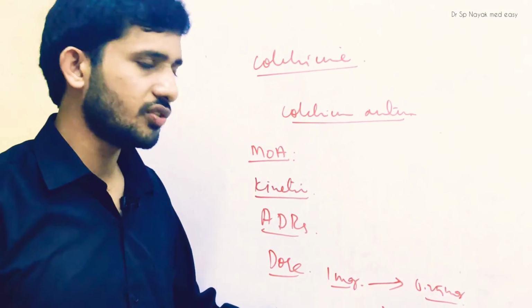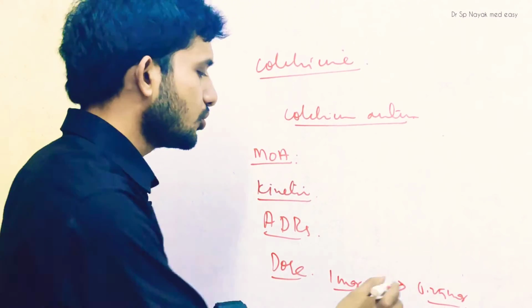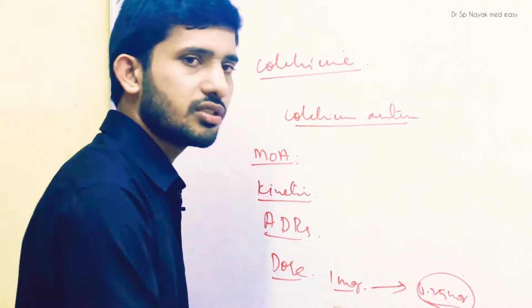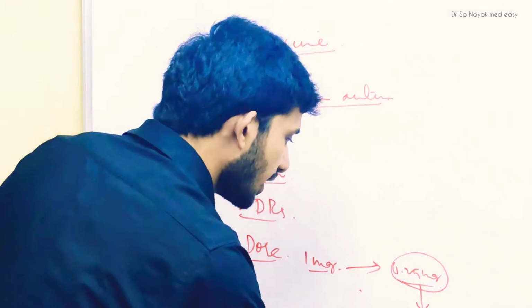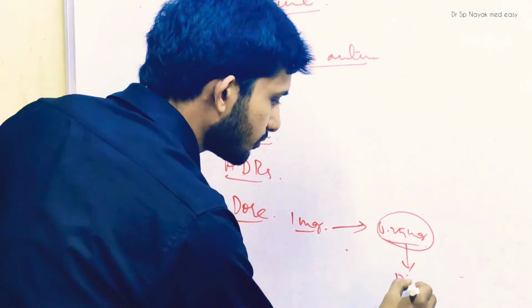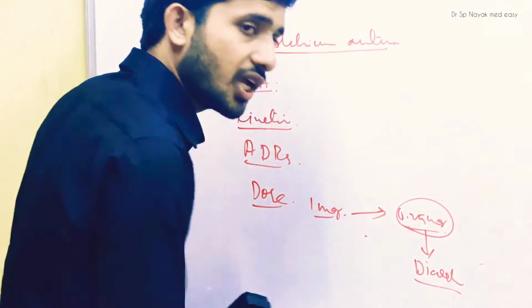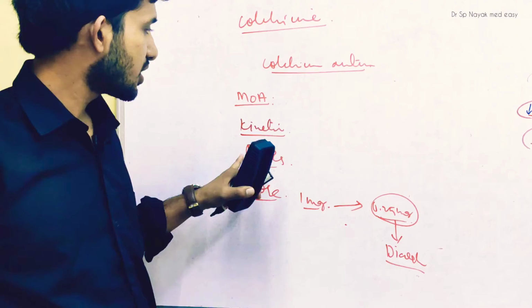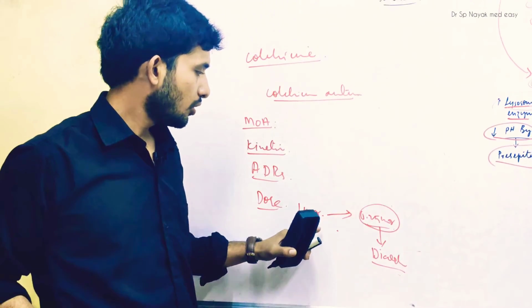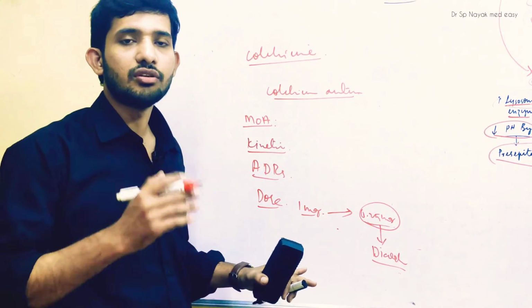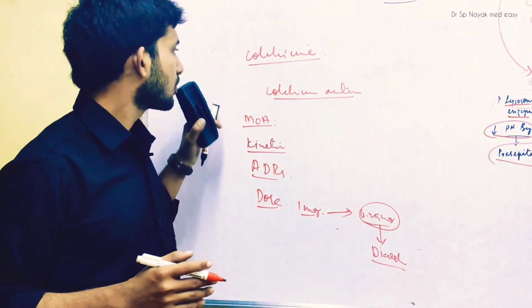So every 2 hours 0.25 mg is given continuously till diarrhea is seen. Diarrhea is a very, very commonly seen adverse drug reaction with colchicine. So till diarrhea occurs, we have to give 0.25 mg continuously to the patient. So this is about colchicine.